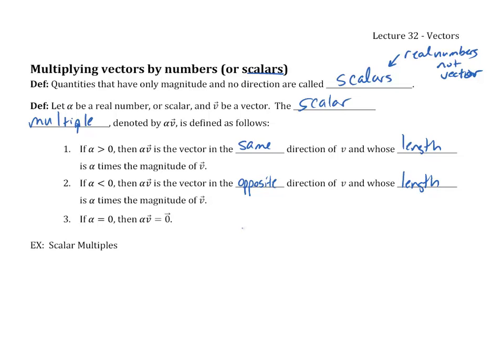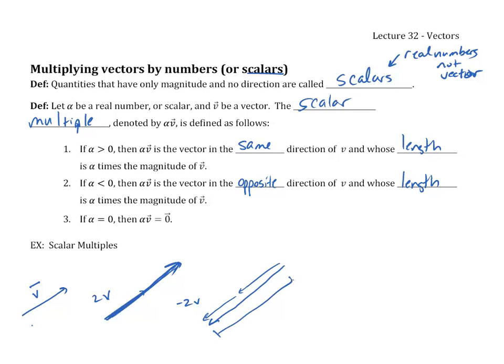All right, so if we have, let's say this is v right here, then 2v would be this plus this. It would be this whole vector right here, okay? That's 2v. What's negative 2v? Well, negative 2v would be the vector going in the opposite direction, but twice as long as v, right?